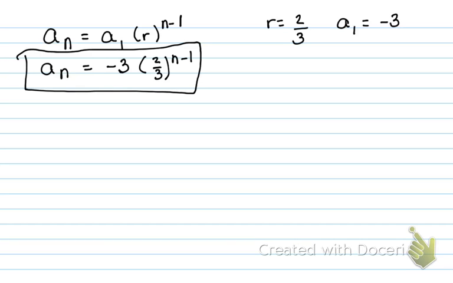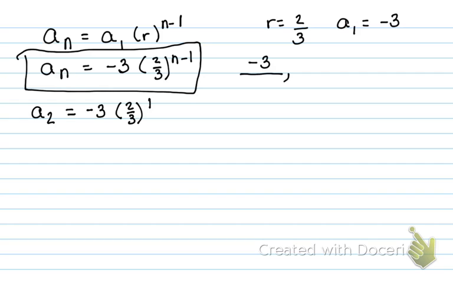And now we know the first term is negative 3, so let's now find the second one, third one, fourth one. If we plug it in, we would do a sub 2. Our first term we already know is negative 3. Our common ratio is 2/3. And then our 2 minus 1 would just be 1.